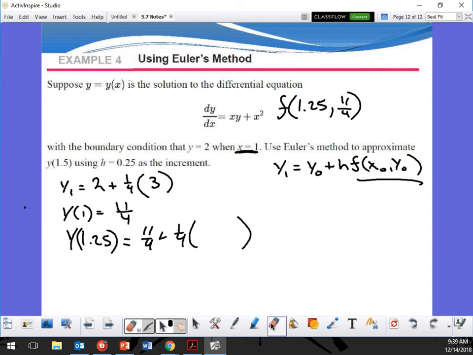Is that easier? So I'm plugging in the x and y that I have there.